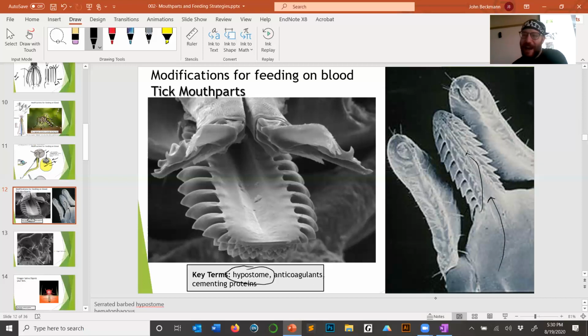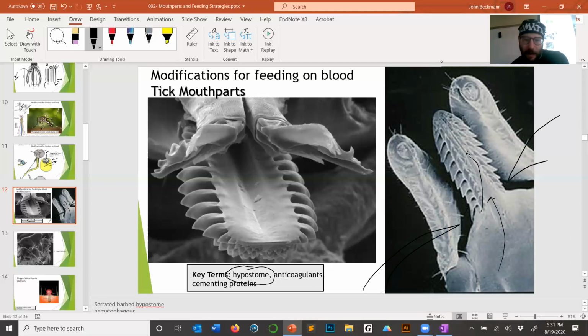You have to put your tweezers underneath the head and rip the hypostome out. Usually, if you've done this from a dog, you'll rip out a gigantic piece of skin because the tick's mouth part is stuck in there.